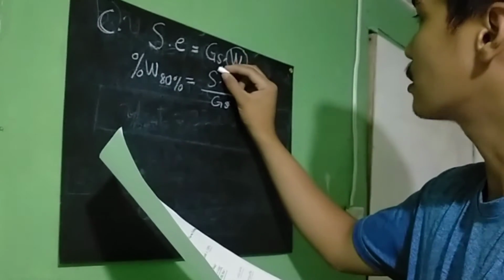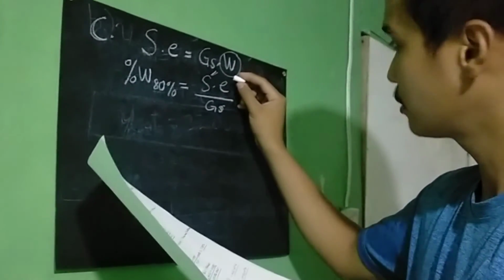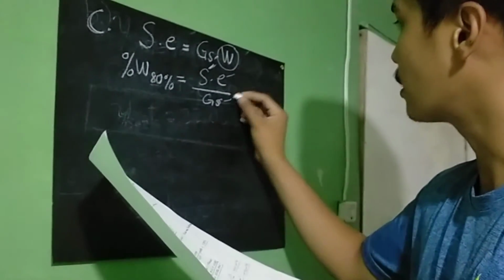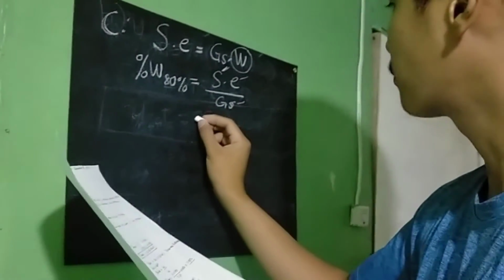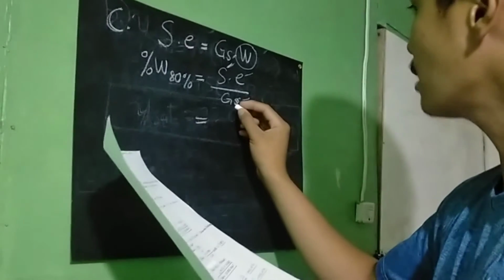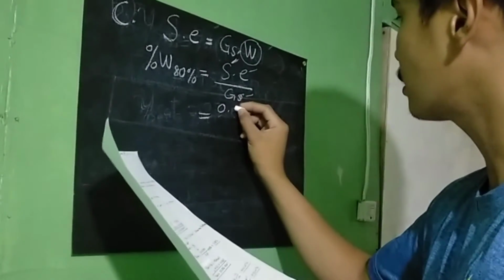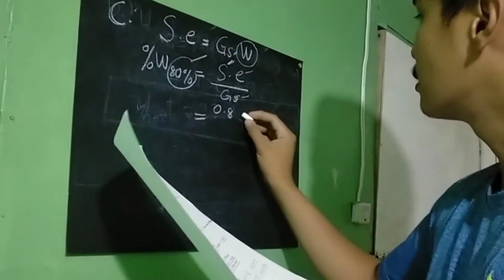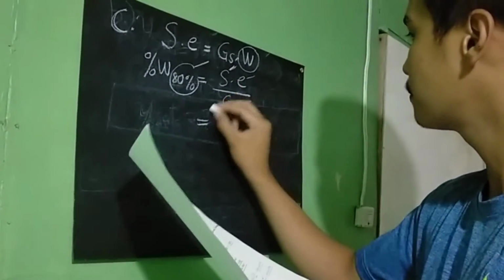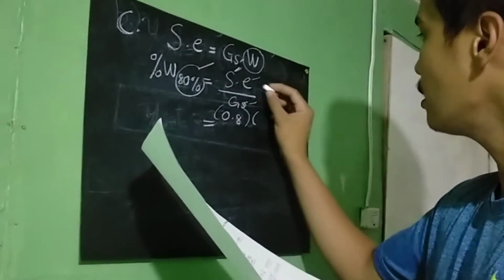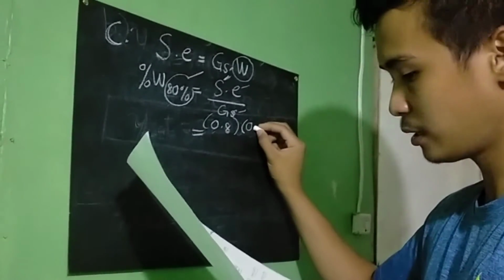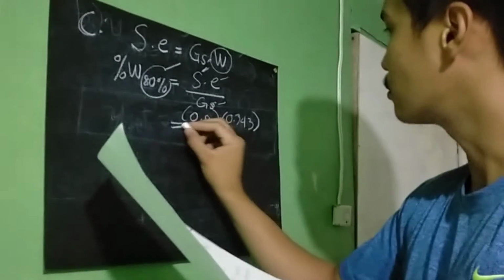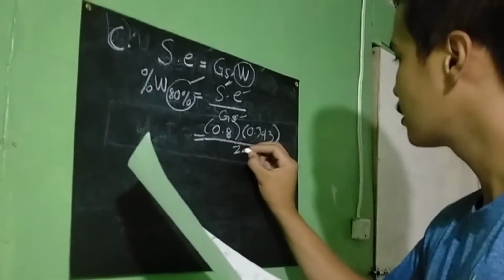So this is given, then also this is given. So substitute, then S is equal to 0.8. Convert this into decimal. So times the e is equal to 0.343, the void ratio, over 2.67.